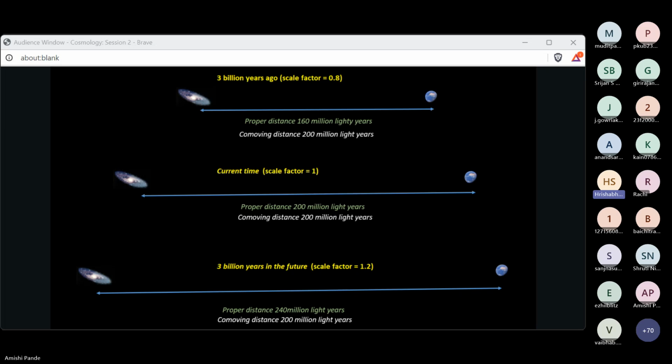When this problem is solved properly, it will be a Nobel winning discovery. What exactly is the scale factor a function of? Because there are a lot more things to account for, as we go ahead, you will see.